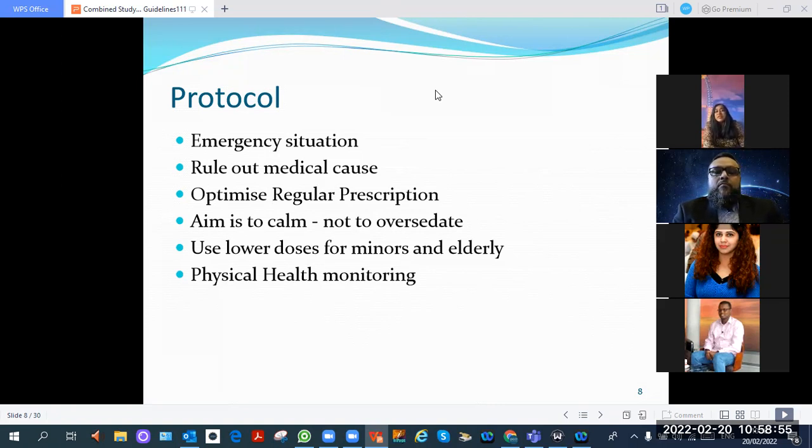But if it's quite serious, the person is threatening, violent, with ongoing aggression and risk of harm to themselves and others, then you would need to consider transferring them to a seclusion room. And if your ward doesn't have a seclusion room, then you can transfer them to another seclusion room available on the hospital site, whatever designated seclusion room that is.